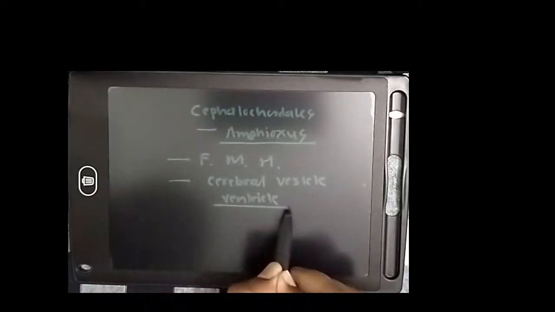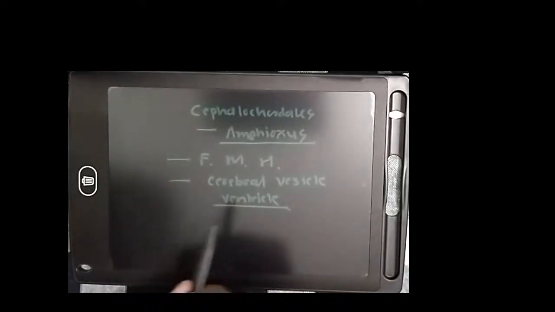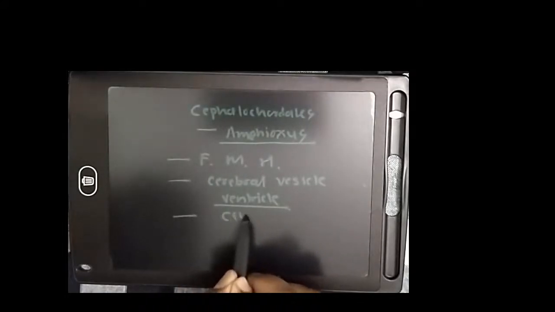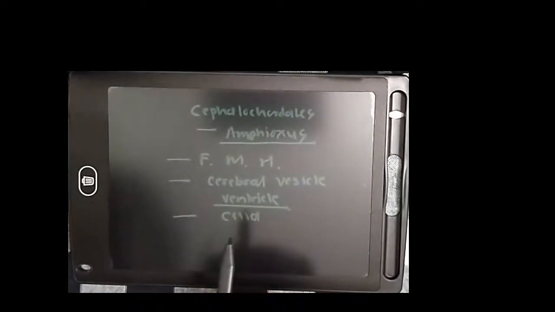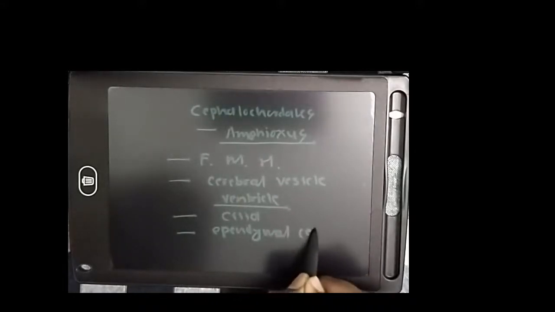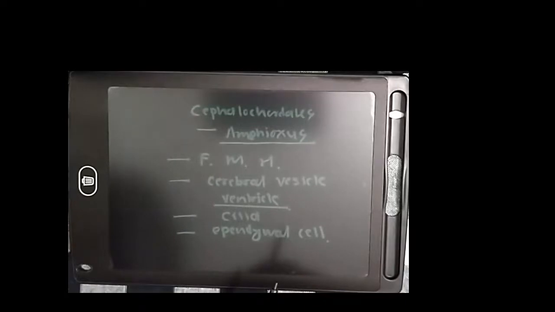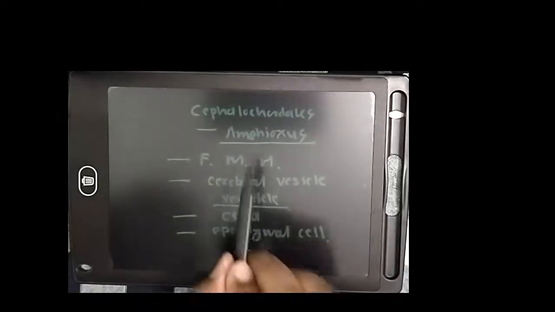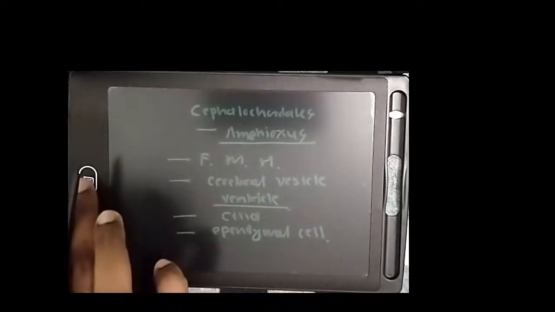Ventricle is nothing but the cavity of the brain. This is lined with a number of cilia and long filamentous processes of the ependymal cells, which is also very important here. So these are the specifications of the brain of Amphioxus.